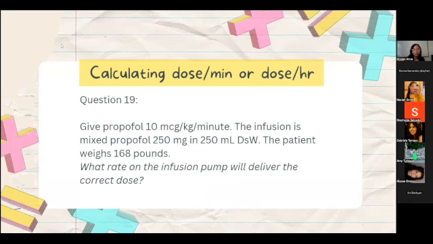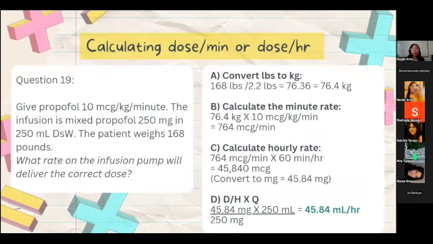So first things first, if you want to do dimensional analysis, go ahead and do it. But if you don't know how to do it, you can follow these steps. First, convert your pounds to kilograms: 168 pounds divided by 2.2, you get 76.4.